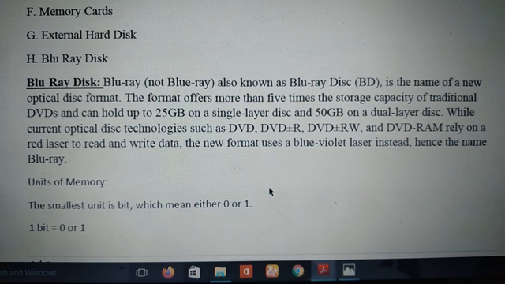The format offers more than 5 times the storage capacity of traditional DVDs and can hold up to 25 GB on a single layer disc and 50 GB on a dual layer disc. In the traditional way, DVDs were used for storing purposes, but now Blu-rays have come, and the capacity of Blu-ray is more than that of DVDs.